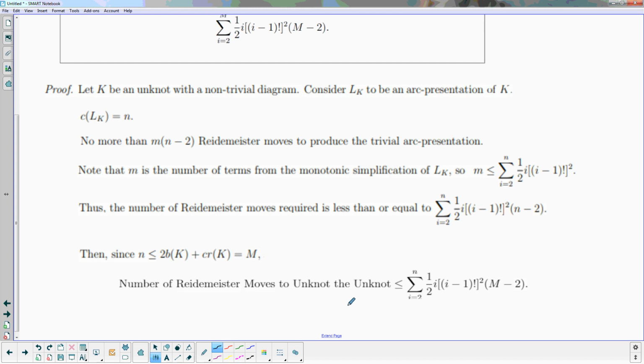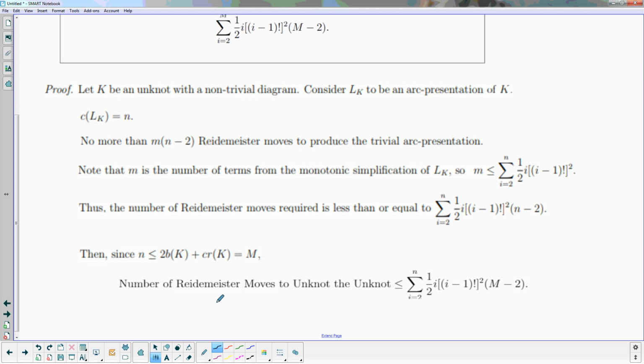So it's a great result, but it's not a finely tuned machine to figure out the exact number of Reidemeister moves needed.